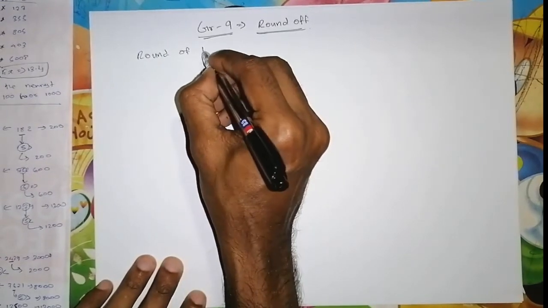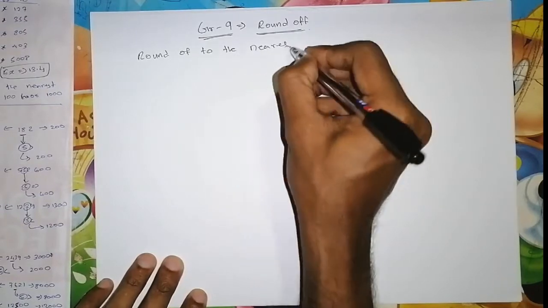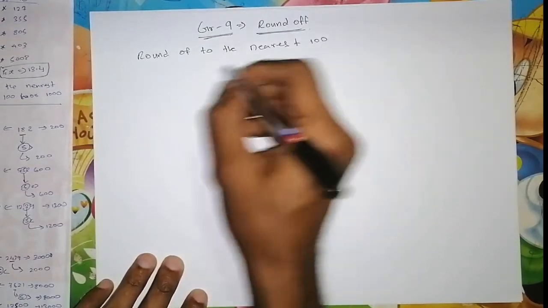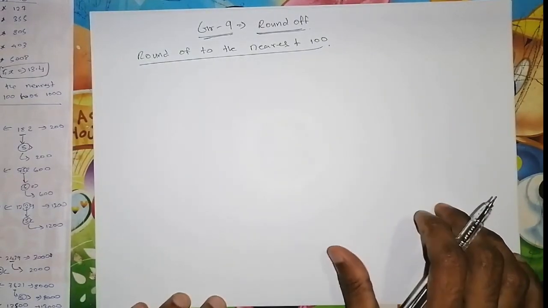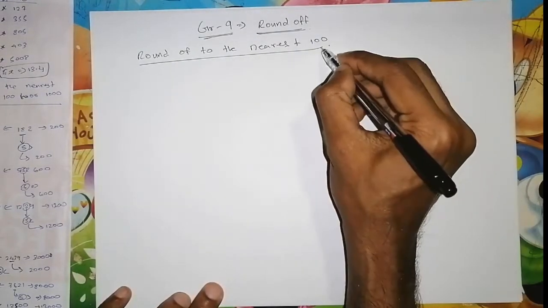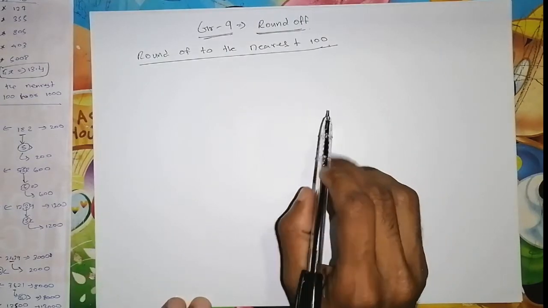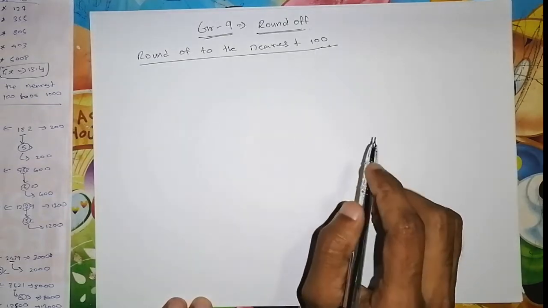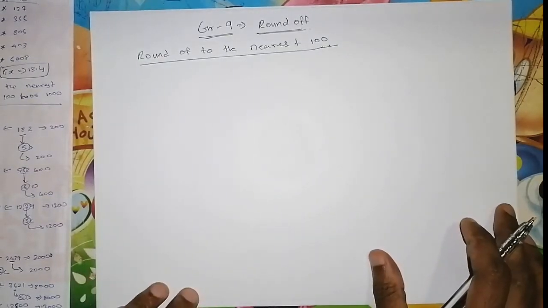It's the same concept, but we round off the given number to the nearest 100. Okay, we'll take an example for that.